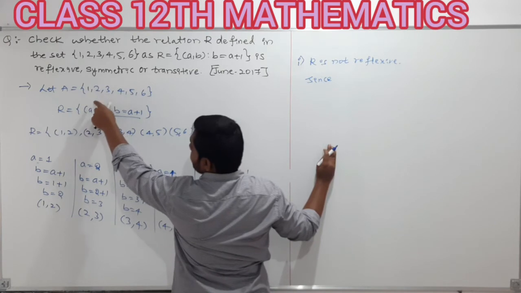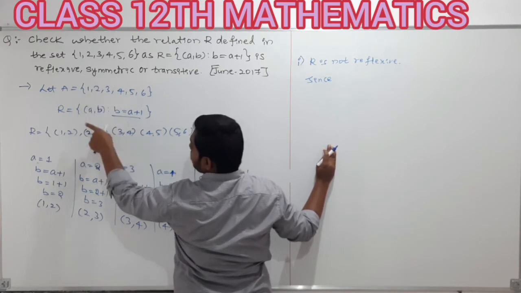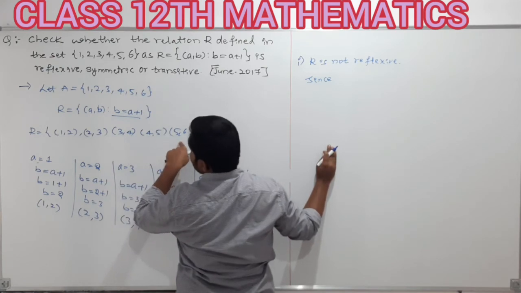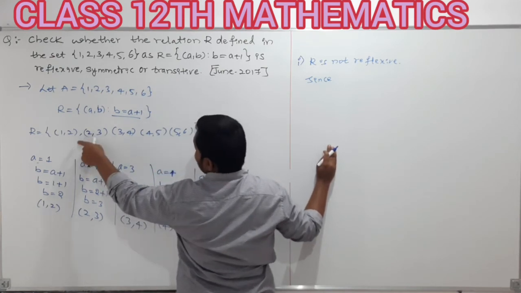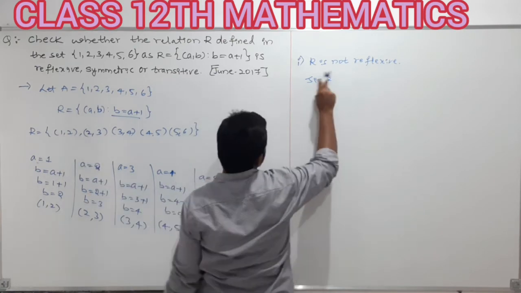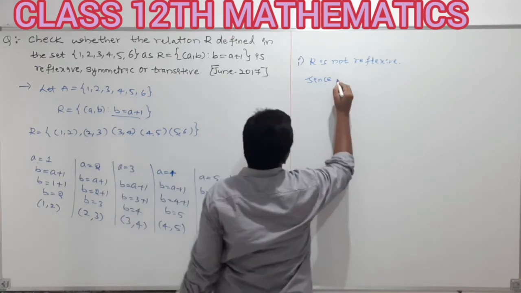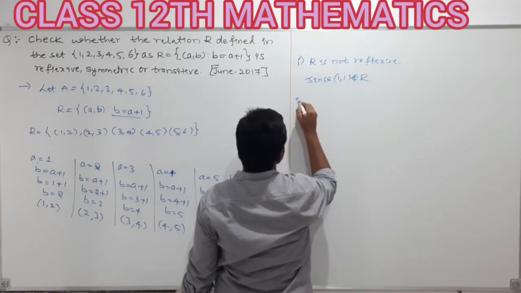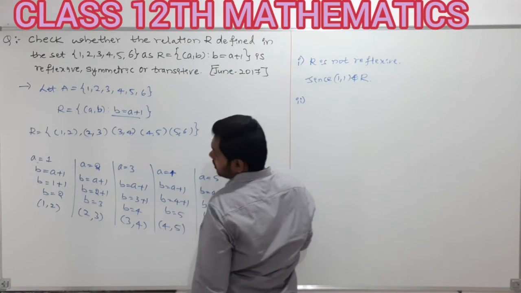Reflexive in the relation on set A means there must be (1, 1), (2, 2), (3, 3), (4, 4), (5, 5), (6, 6). But here no element is related to itself. So R is not reflexive since (1, 1) does not belong to R.